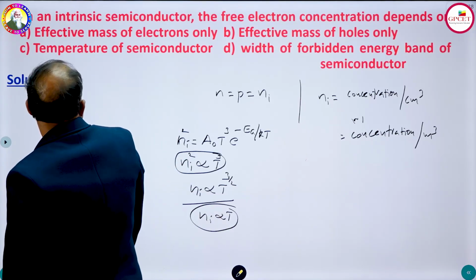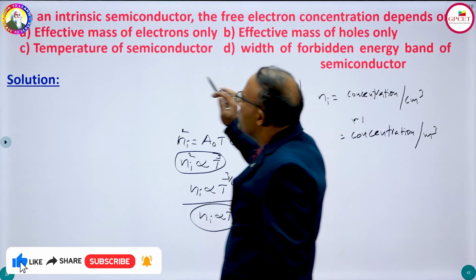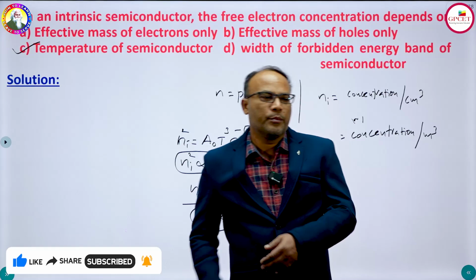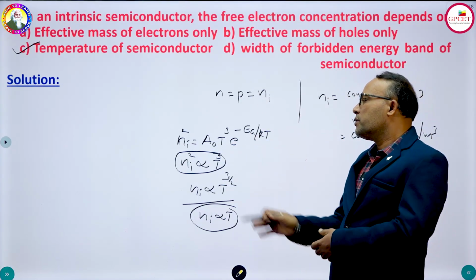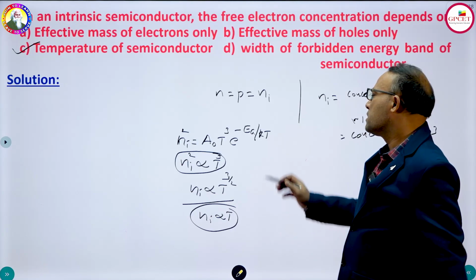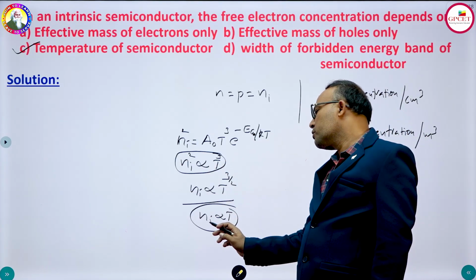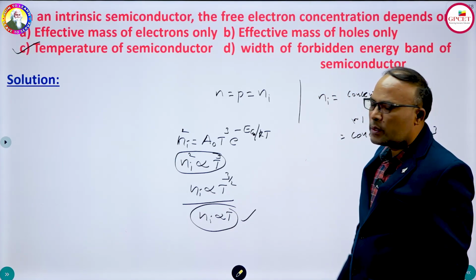So, in an intrinsic semiconductor, the free electron concentration depends on the temperature of the semiconductor. As you see in the solution, Ni square is equal to A naught T cube e power minus Eg by Kt. So the answer is temperature of semiconductor.